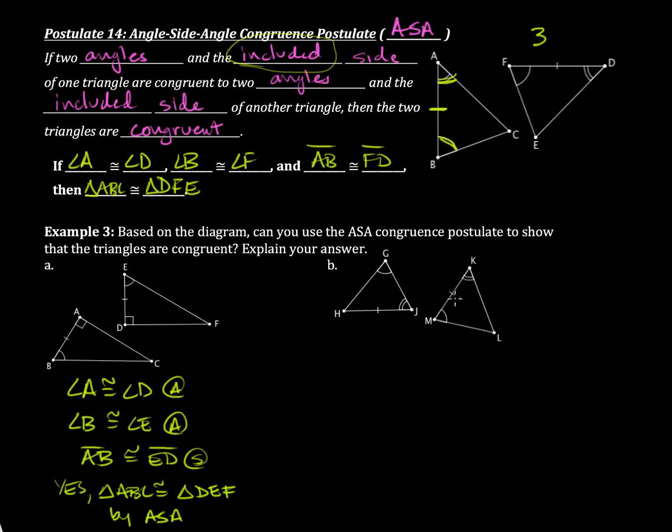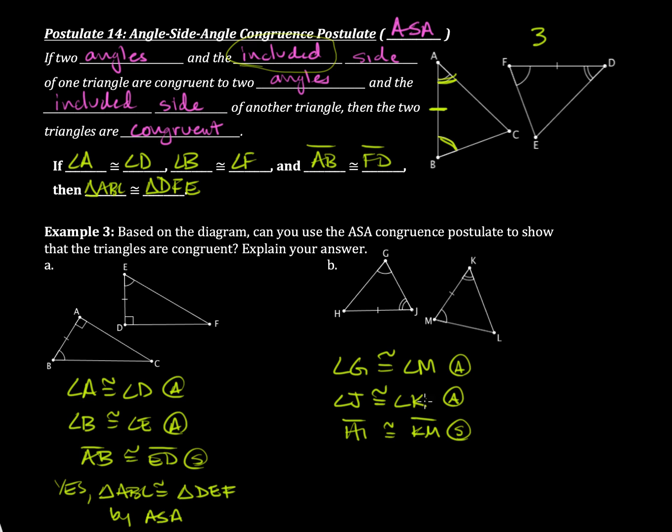So looking over here, we have angle G congruent to angle M, and I have angle J congruent to angle K, and I have segment HI congruent to segment KM. So I have two pairs of angles and a pair of sides. And if I look at the triangle on the right here, triangle KLM, the side is joining the vertices of the two angles, right?